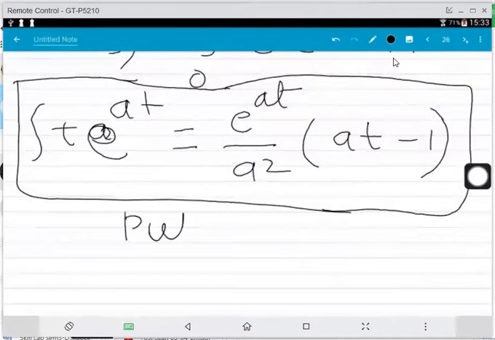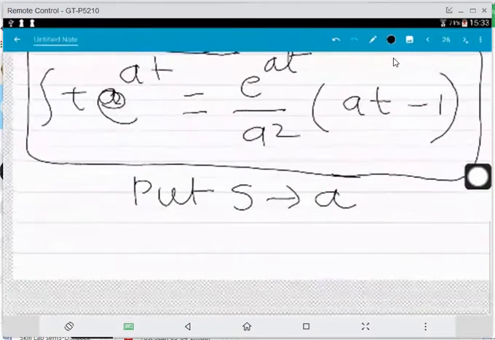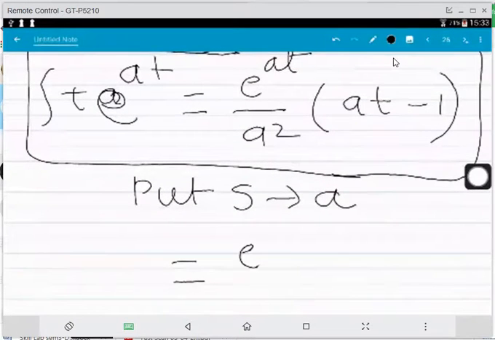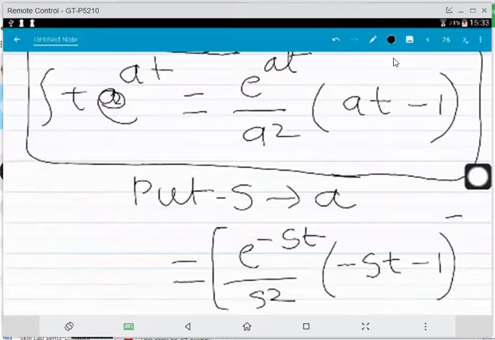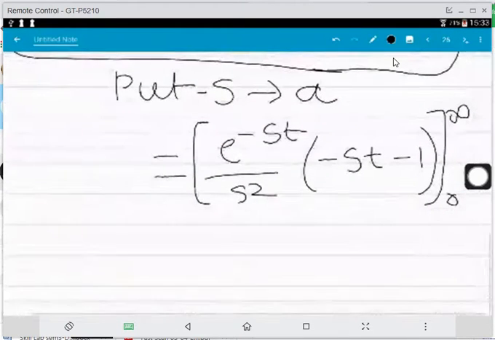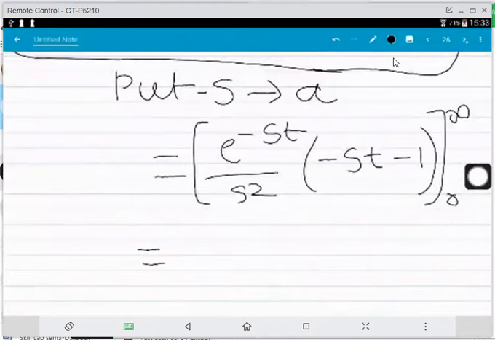Put s in place of a. So we will get e to the power minus st divided by s square, in brackets, minus st minus 1. So this will be your integration, and now we are going to put the limit. So here the first term will become 0.